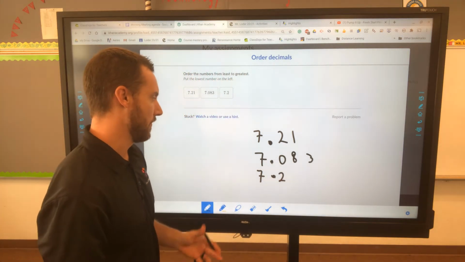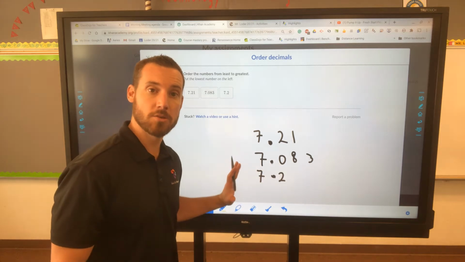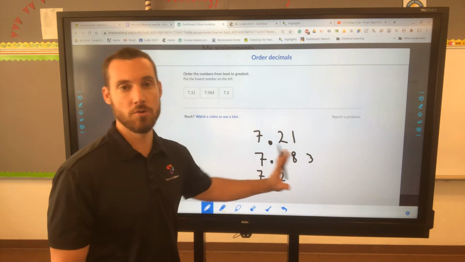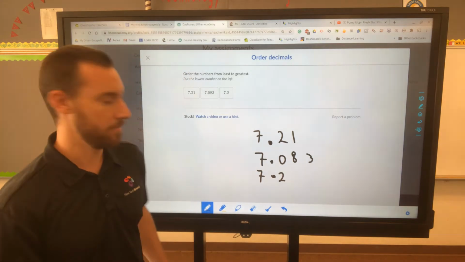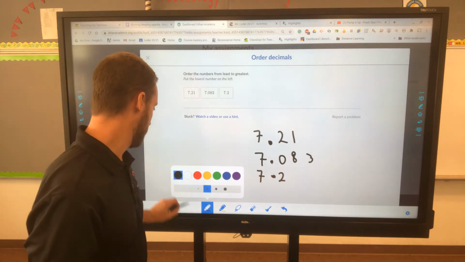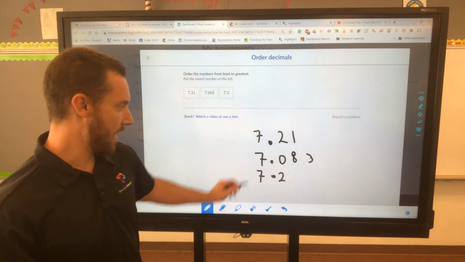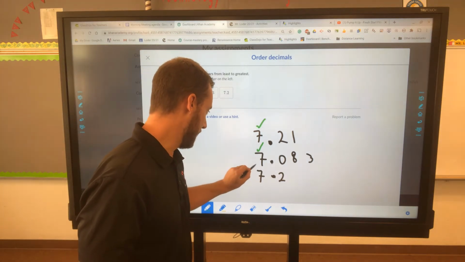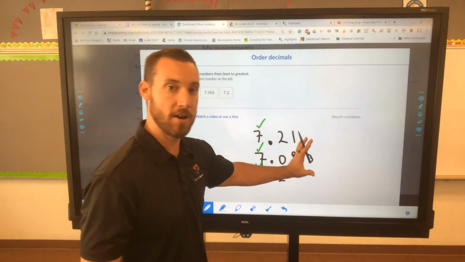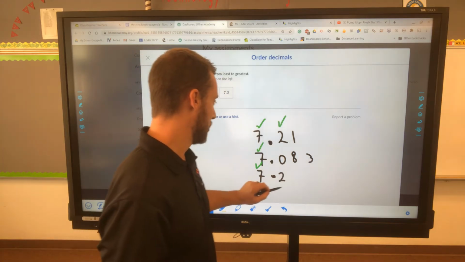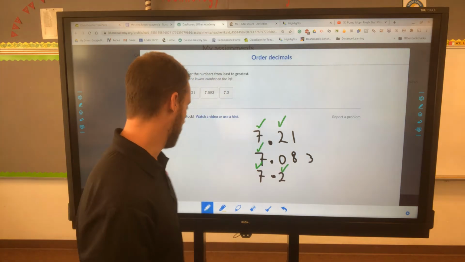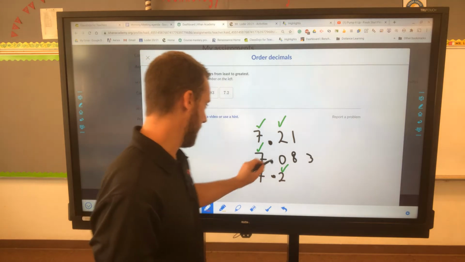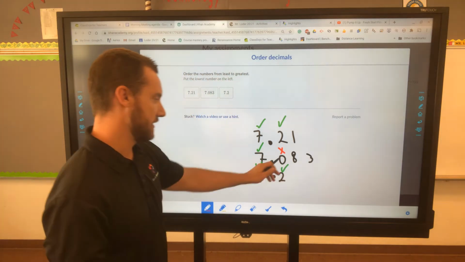Okay, so what we're going to do is work from left to right, comparing them. So it looks like, let's use green, we have 7, 7, 7, all equal. Okay, so let's move one more down. We have 2, 2 equal, and we have a 0 here.